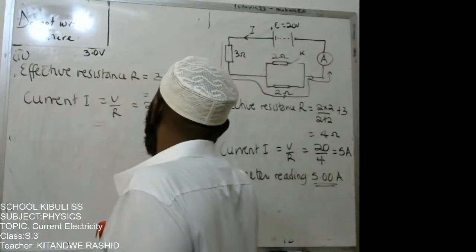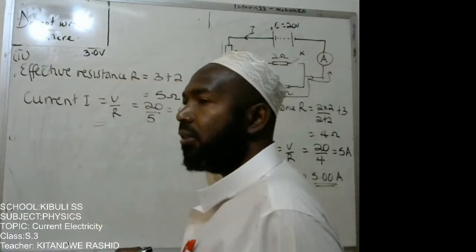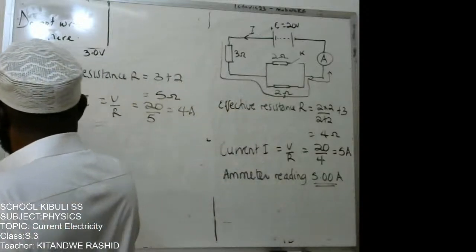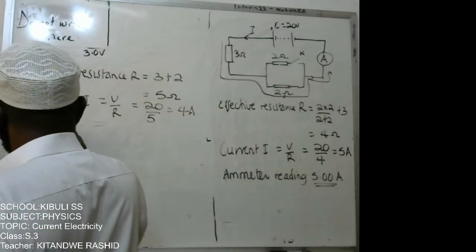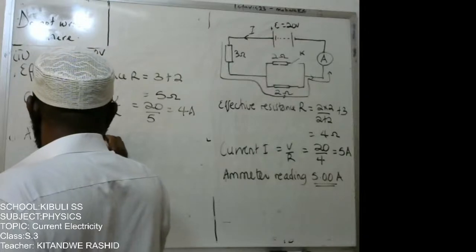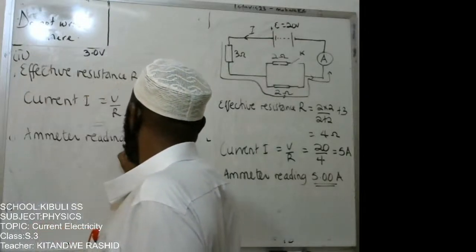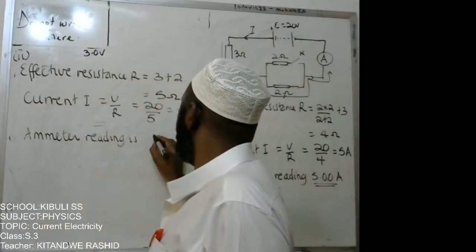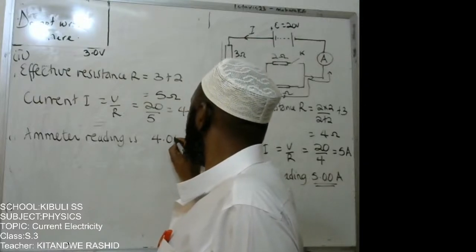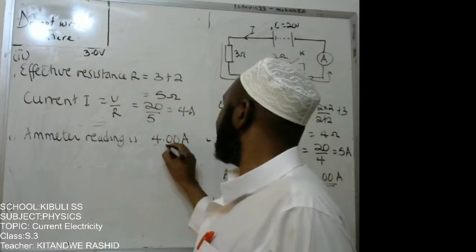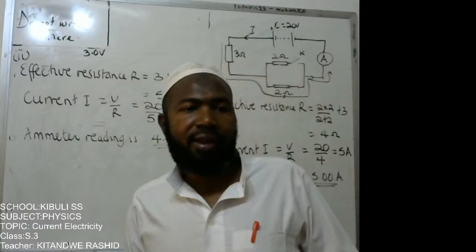This time around the current is 4 amperes. So ammeter reading is 4.00 amperes. That's what the ammeter will read.